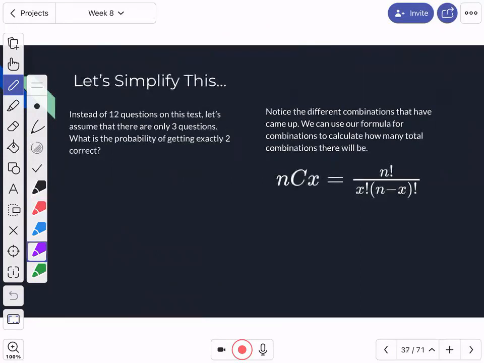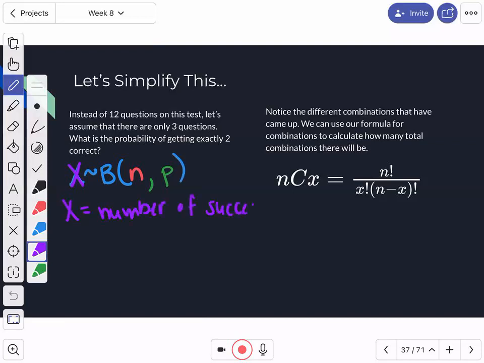Binomial formula says this. X is binomial with N and pi, where X equals the number of successes, and N equals the fixed number.